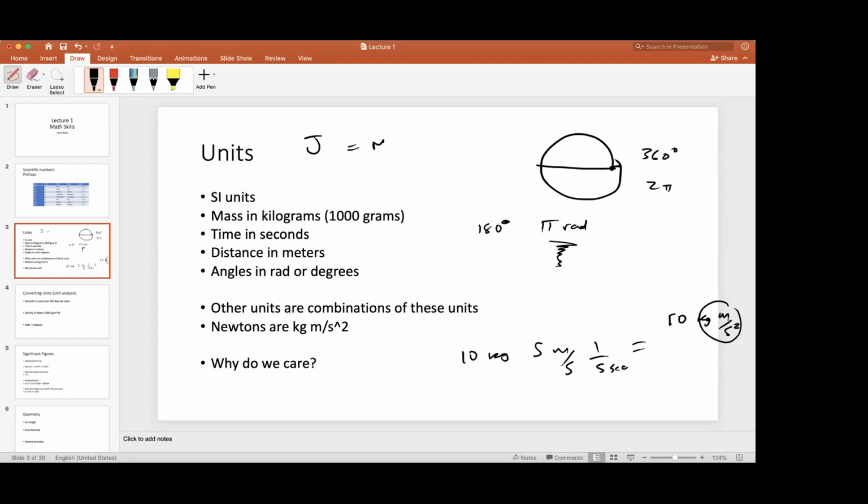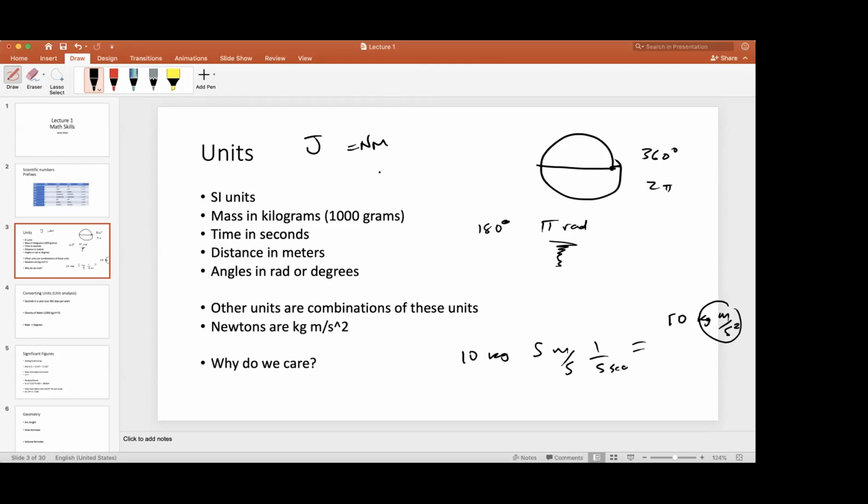And joules are newton times meters, force times distance. If you know that, you can figure out what you need to do mathematically to get the energy in the system. It's a really nice shorthand method of checking the logic and consistency of your math. And that's why we care. That's why we need units.